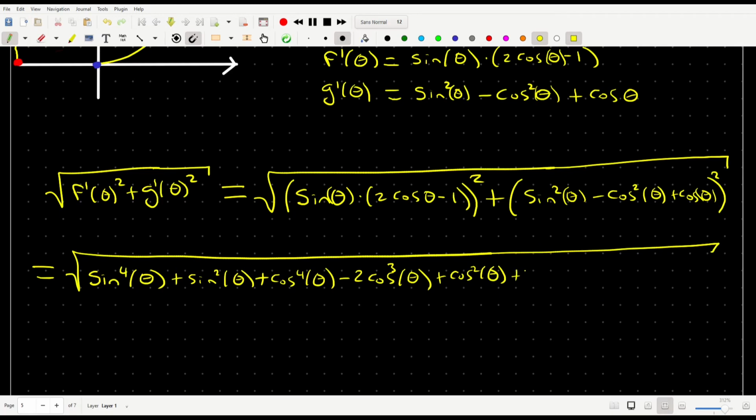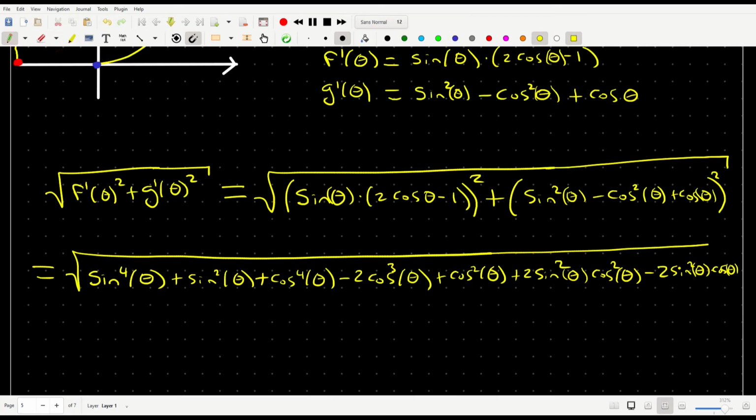Plus 2 sine squared of theta times cosine squared of theta, minus 2 sine squared of theta times cosine of theta, which is also very, very long.